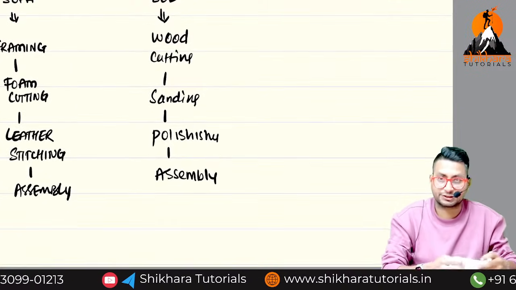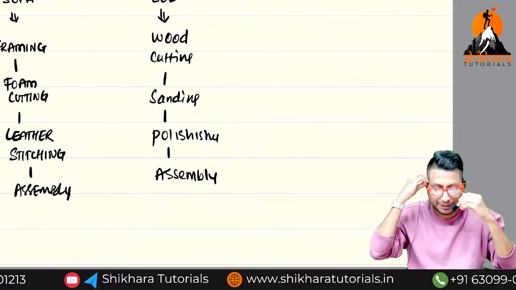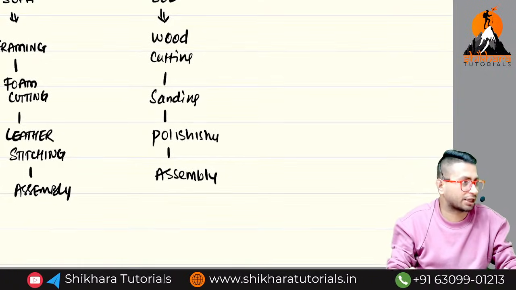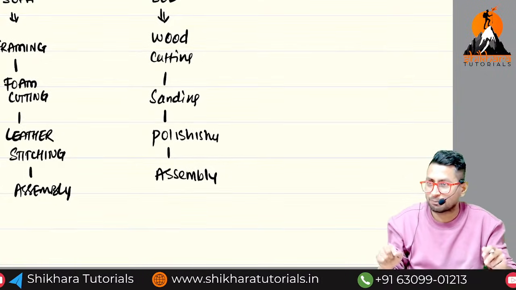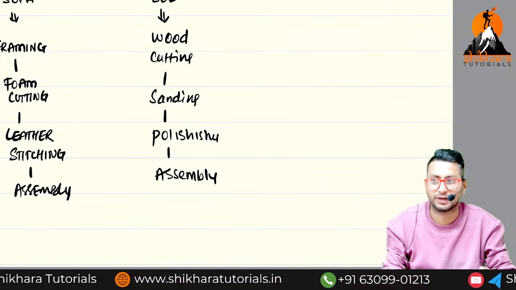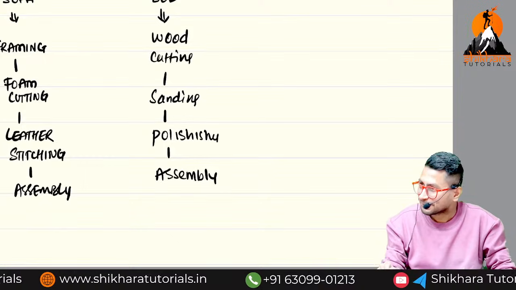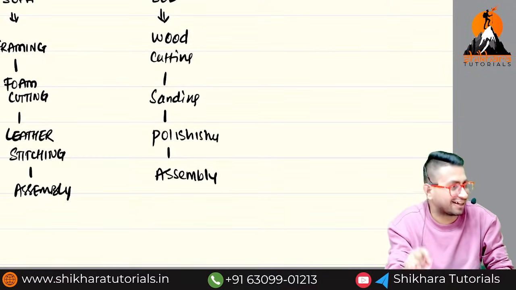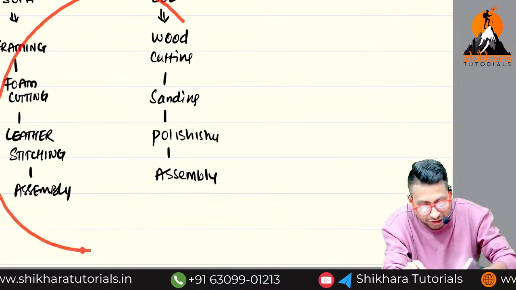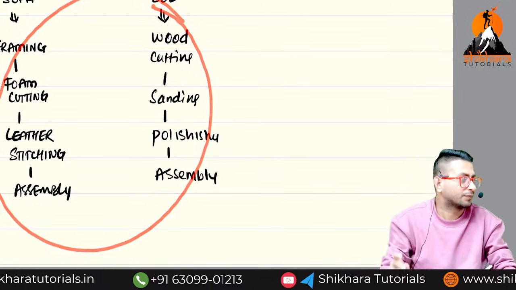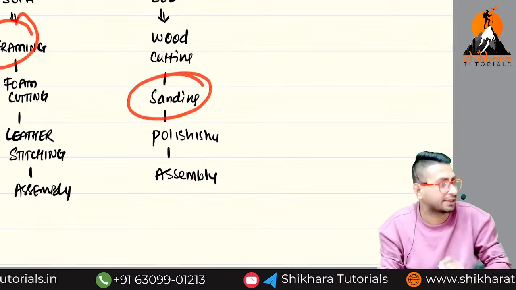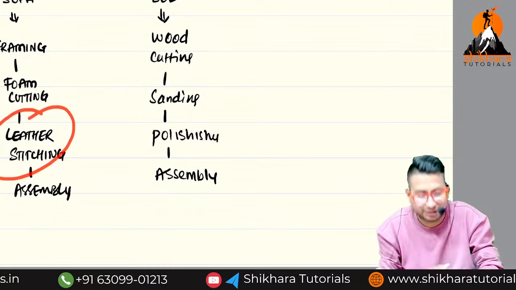Same steps or different steps? Different steps, right? But the same machines are being used. I should use the machines in such a way that none of the machines in my factory are idle. Either it should do framing or sanding, or wood cutting or leather, anything.